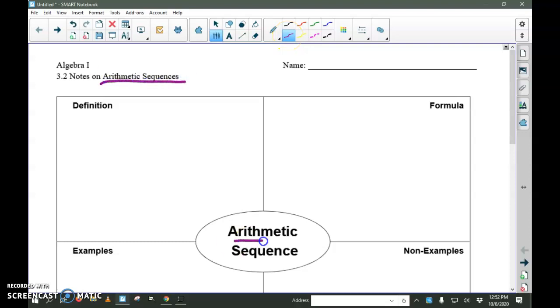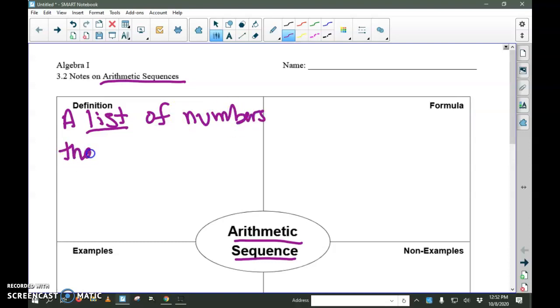And that's what I have in this bubble here in the middle. We're going to be talking about an arithmetic sequence. So an arithmetic sequence is a list. In fact, that's what the word sequence means, a list of numbers that have a common difference.